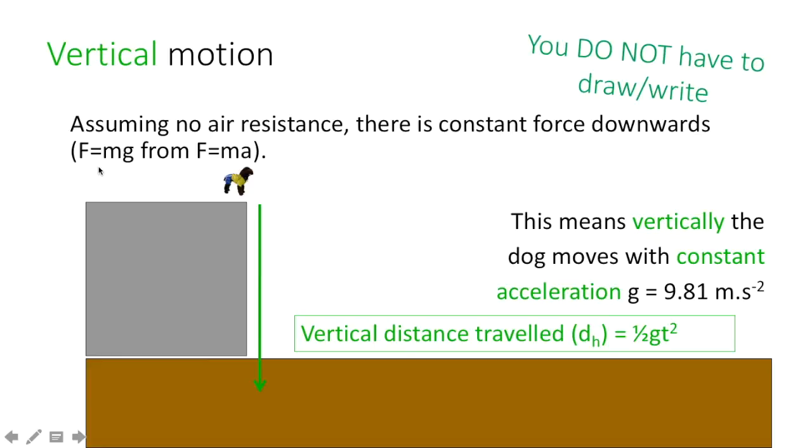Therefore, we can also say F equals mg. Now we know that acceleration by gravity is 9.81 meters per second squared. And in order to find distance vertically, we would have d equals 1/2 gt squared. We can use this equation to solve for any of the vertical components, the vertical distance, or the time that it takes for the object to travel that distance.